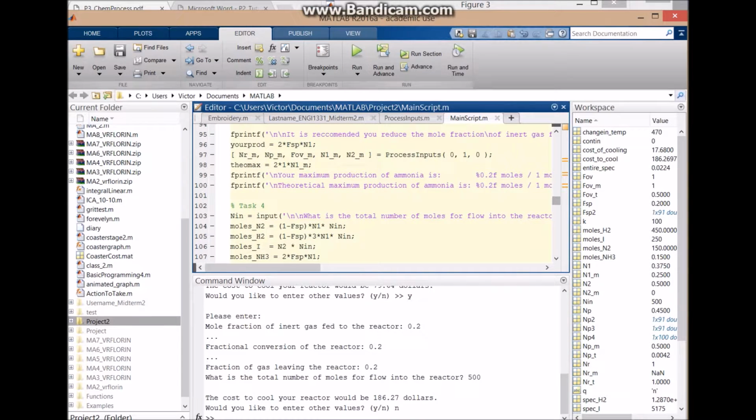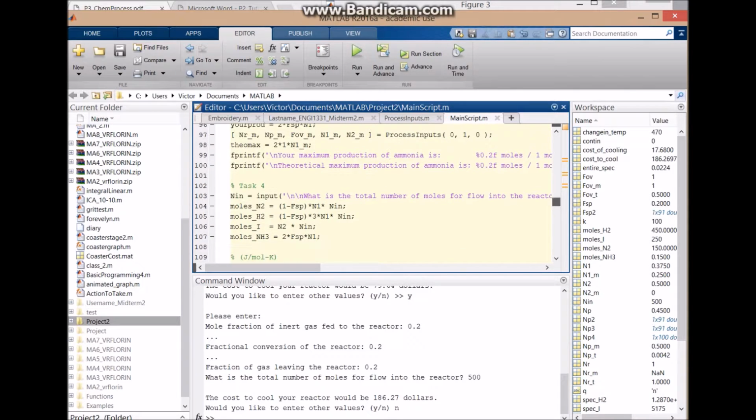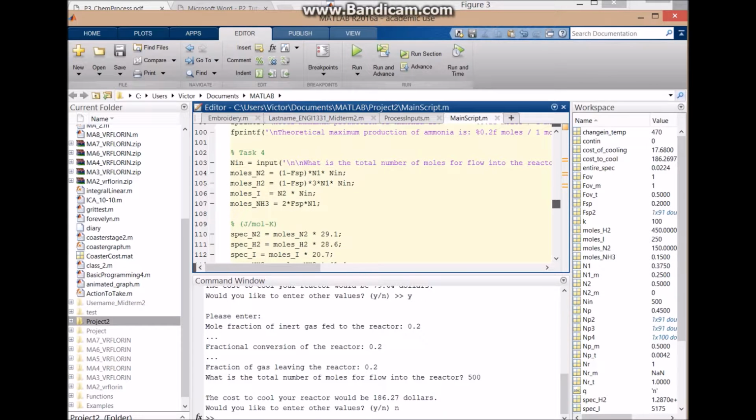It calculates the theoretical maximum production of ammonia and the maximum production under the user's variables, and it does the equations for the molar flow. So these are all just equations that chemical engineers use, hard-coded essentially into the script.